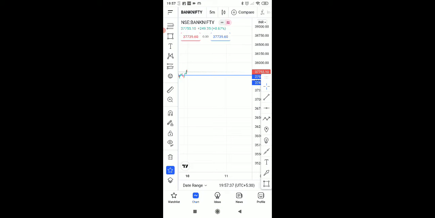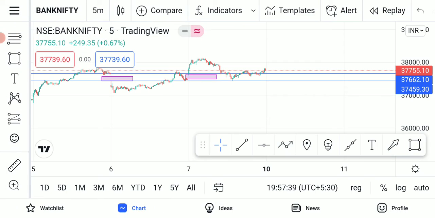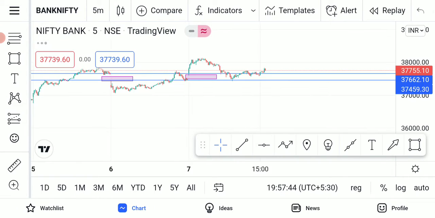So here I just drew two trades, June 6th and 7th. If you see here, a gap down happened and it came down, and at a strong support level it was not able to continue the trend.